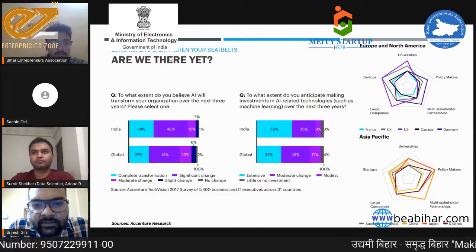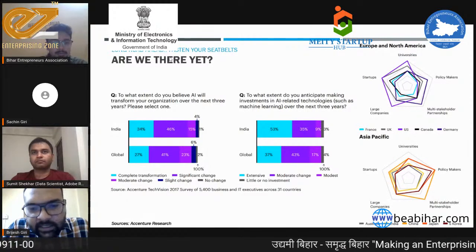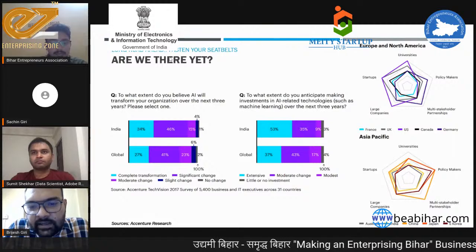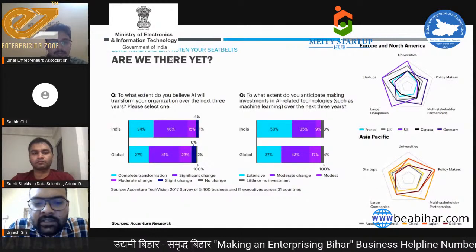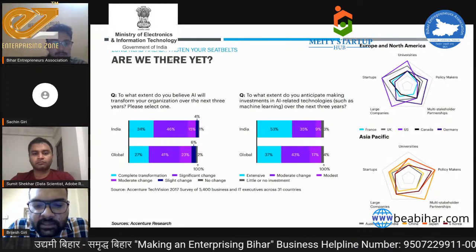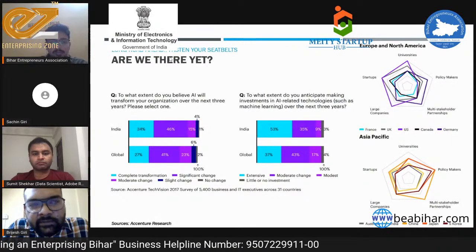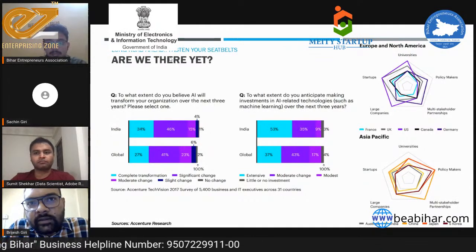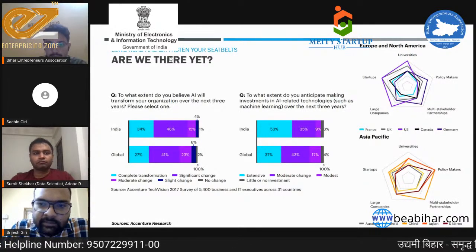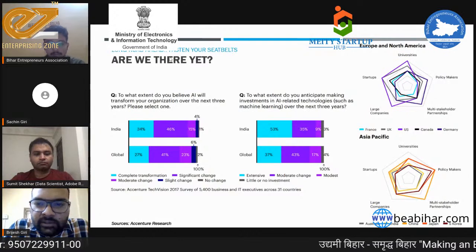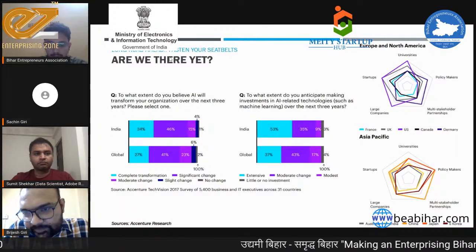And when asked whether they are going to invest in AI in the next 3 or 5 years, almost 88% of the companies agreed that they are going to make extensive to modest investments in their company to build their own AI capabilities.